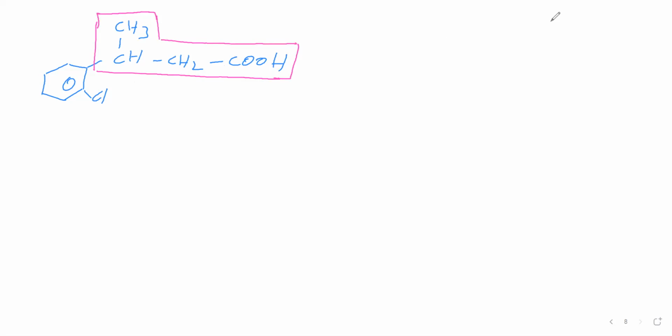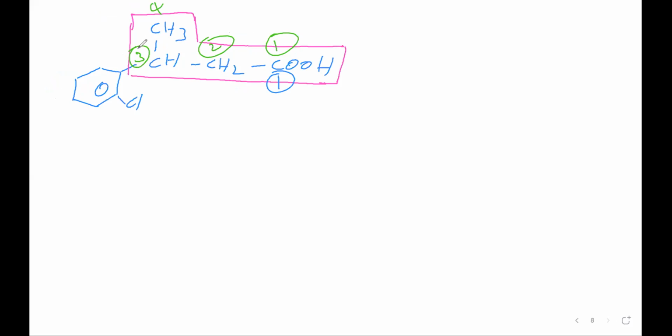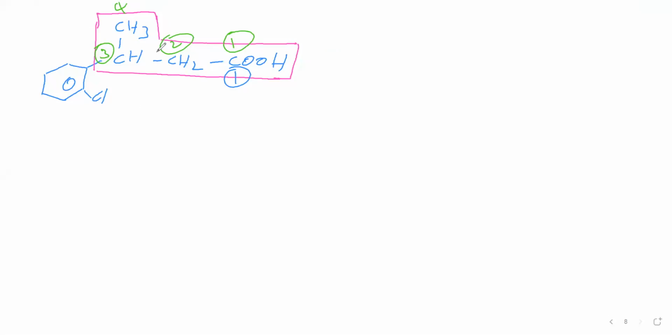Next, we have to give numbering to the parent chain. Carboxylic carbon number 1. Then number 2. Here 3. Here 4. Like this numbering we have given.